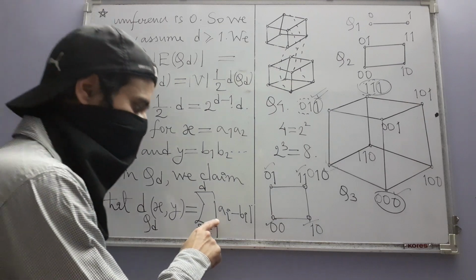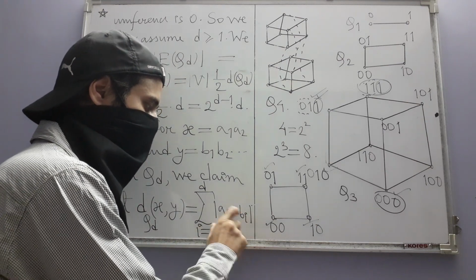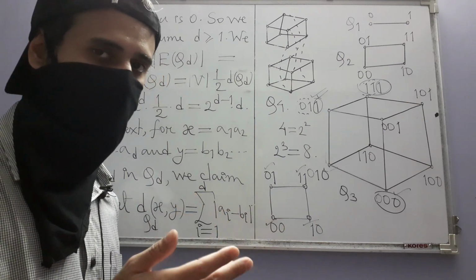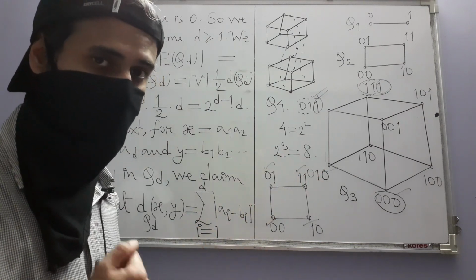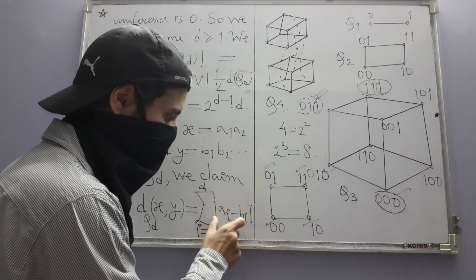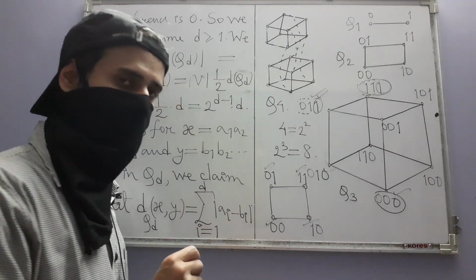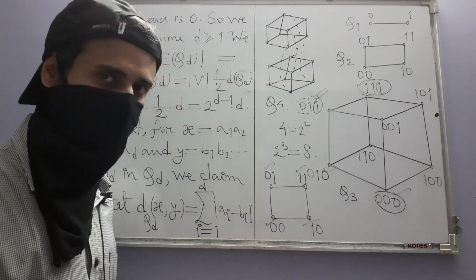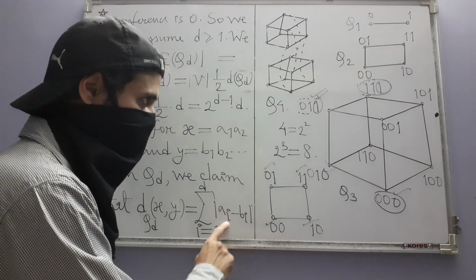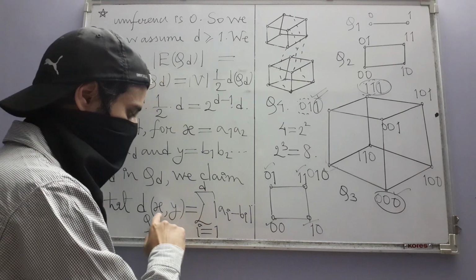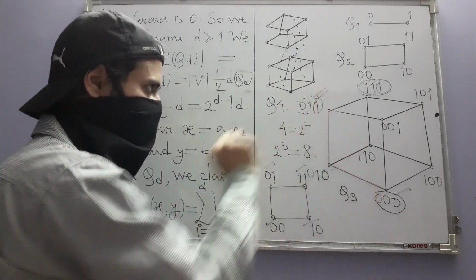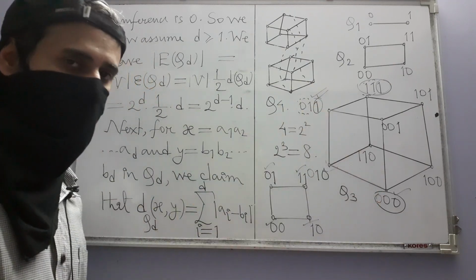That's because this keeps track of how many places there are in which the 2 strings are differing. If they are not differing, then that contribution will not be counted because it becomes 0. Otherwise, it becomes 1. So, for example, these 2 strings differ in 3 places. So, if you calculate this for these 2 strings, then you are going to get 3.